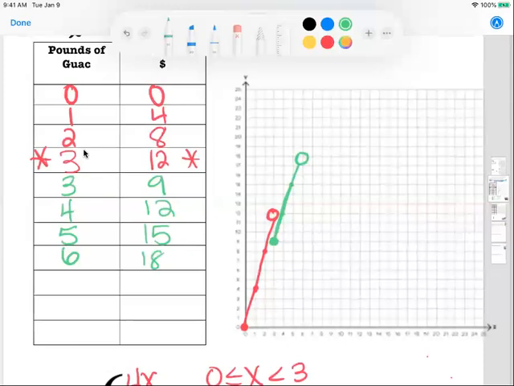Okay, now we've got our last step. So remember the last part, it was $2.50 per pound for 6 or more. Oh, I forgot to put my stars in for this because it's not really defined in that function. But 6 at the 2.5 rate, that is 15.